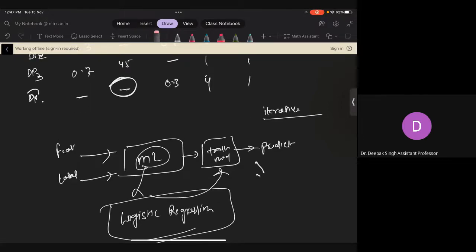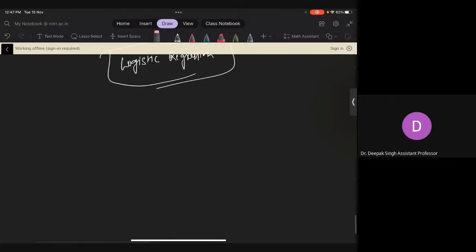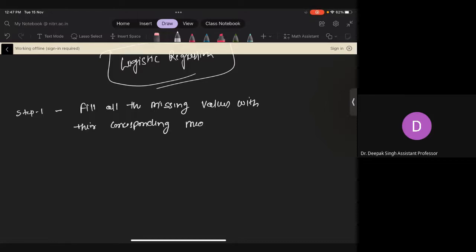Now let's see, I'll give you step by step. In step one, fill all the missing values with the corresponding mean of the column. What will you do?